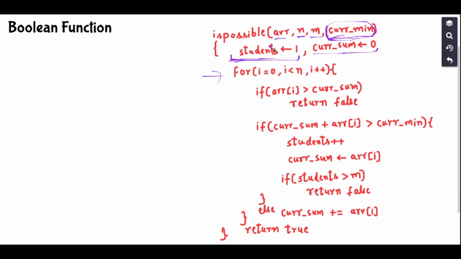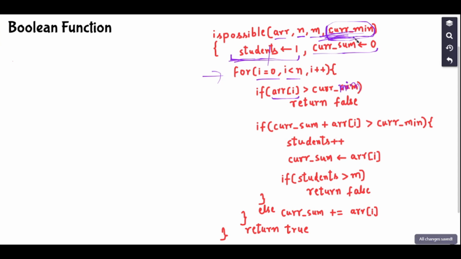Iterate over the array from the first element to the last element. If at a particular point the number of pages in a particular book exceeds this current min, so this is basically current min, not current sum, it is current min, the upper boundary.